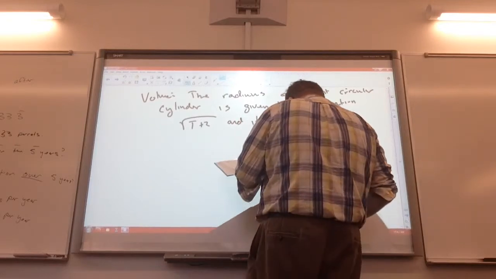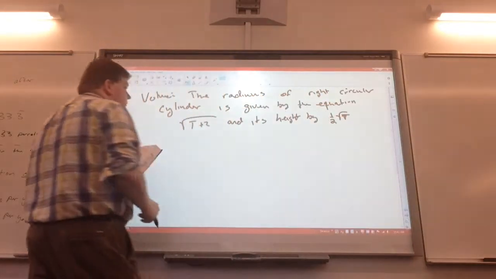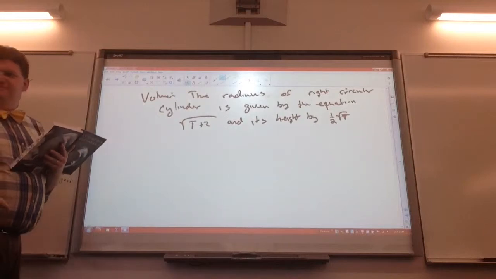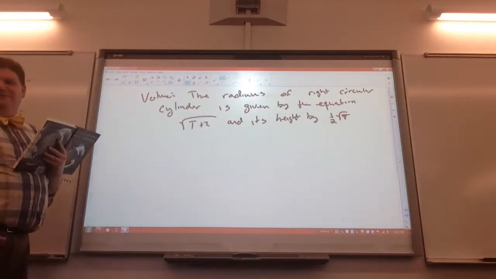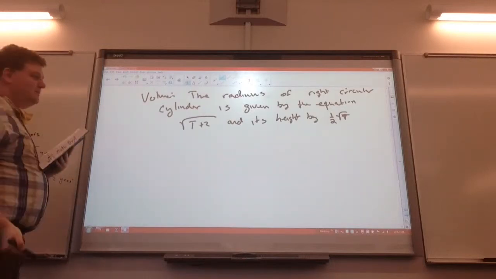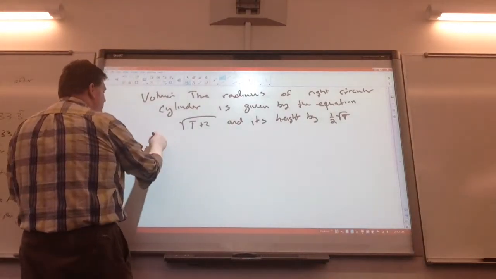What is a right circular cylinder? Like a Coke can. Right as in right angled, so like perpendicular.